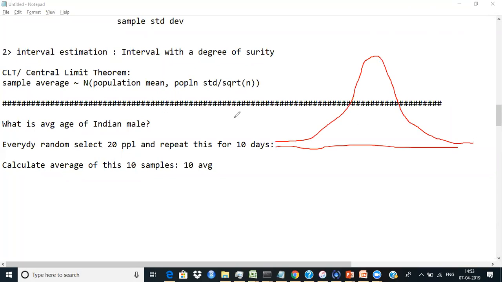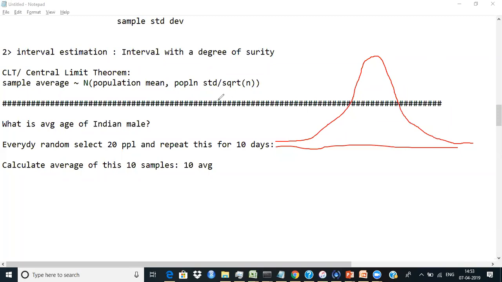So let's assume that the underlying distribution of Indian male age is normal, which makes sense. Most of us will be around some average. There will be very few old people because they would have died, and very few young people because they are still in the growing up process, right? So let's say the distribution of the age for Indian males is normal.